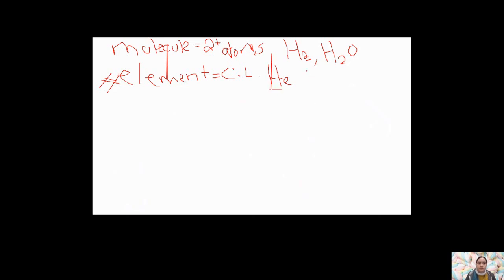If I see H2O, this is 2 elements because I have 2 capital letters. Okay, and when I have combinations of 2 or more capital letters, we call that a compound.